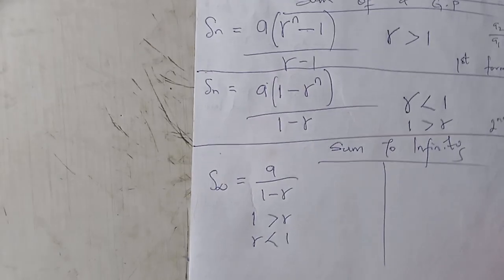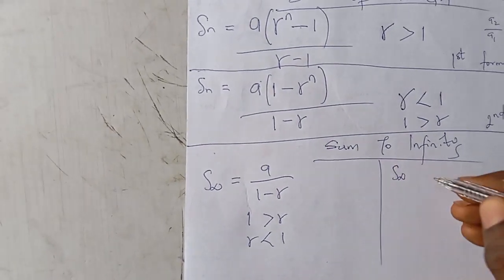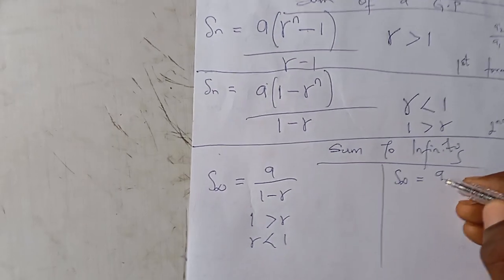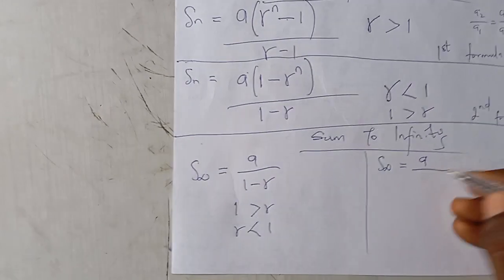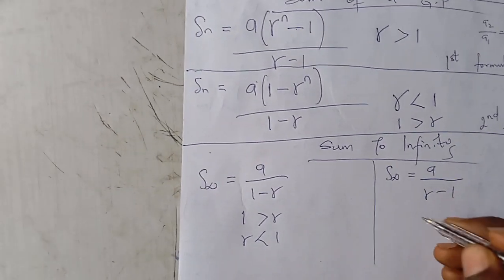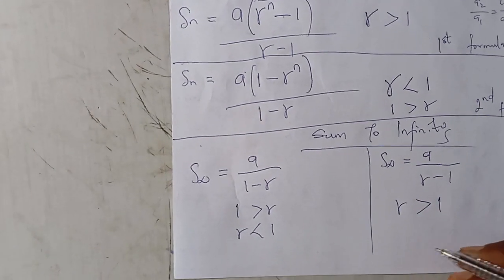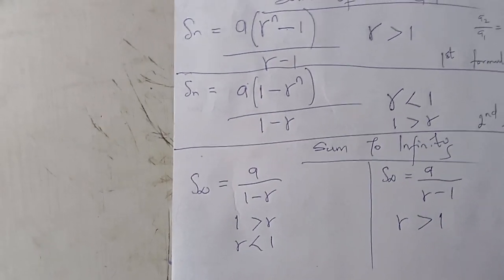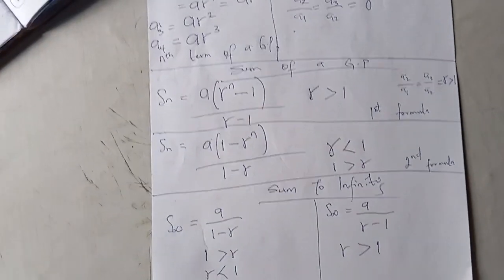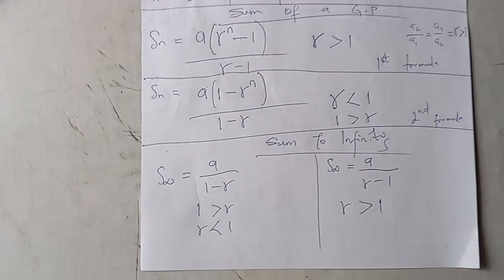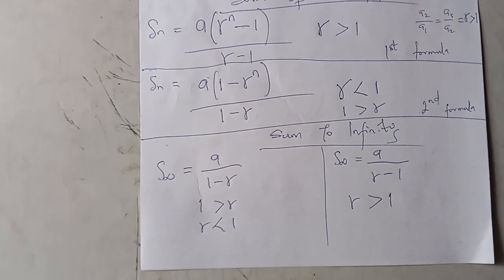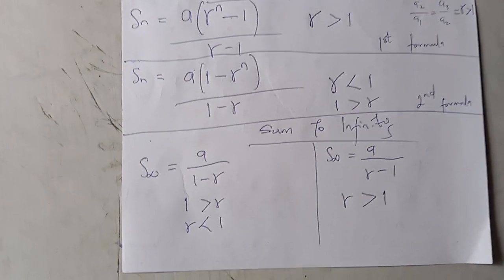But you can do sum to infinity equals A over R minus 1. That is when R is greater than 1. Very simple. So with this, you are good to go on the introductory part of sequence.